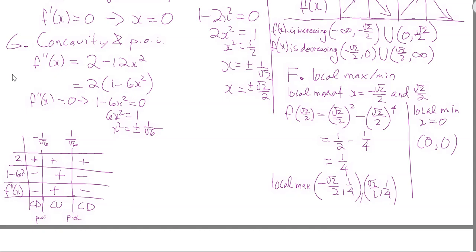So let's list our concavities. f of x is concave up from negative 1 over root 6 to 1 over root 6. f of x is concave down from negative infinity to negative 1 over root 6, and from 1 over root 6 to infinity. And again, that's because of symmetry. This shouldn't be surprising because it has to be symmetrical about the y-axis.